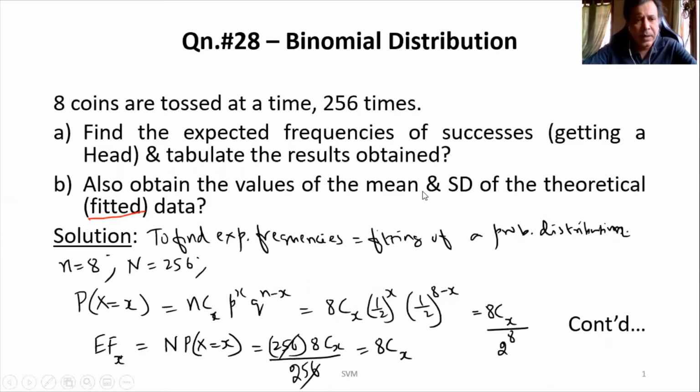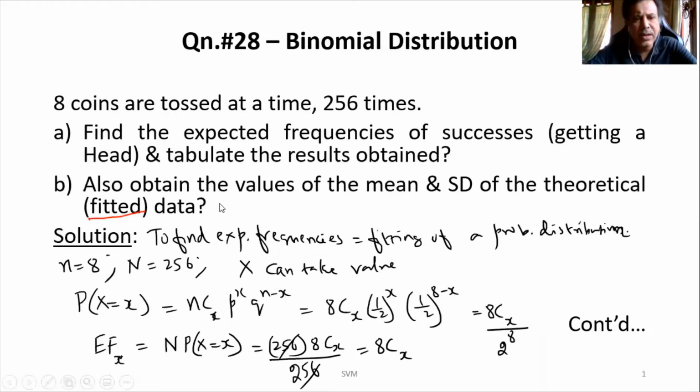Now when 8 coins are tossed at a time, what are the possible values of this random variable? X can take values. In each trial you need not have any head at all, because success is getting a head.